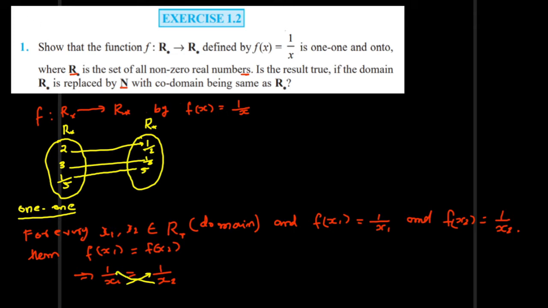This implies x1 equal to x2. Therefore f is one-one, or an injective function.